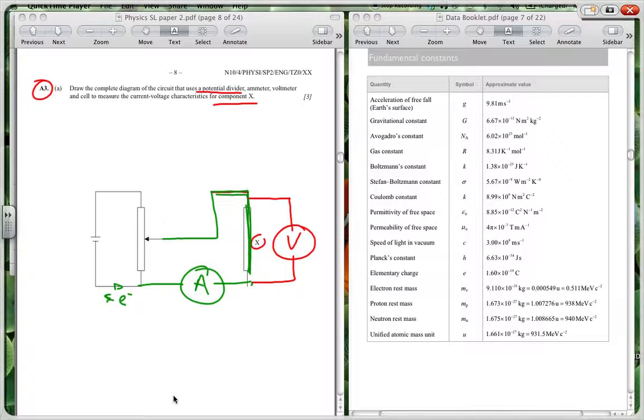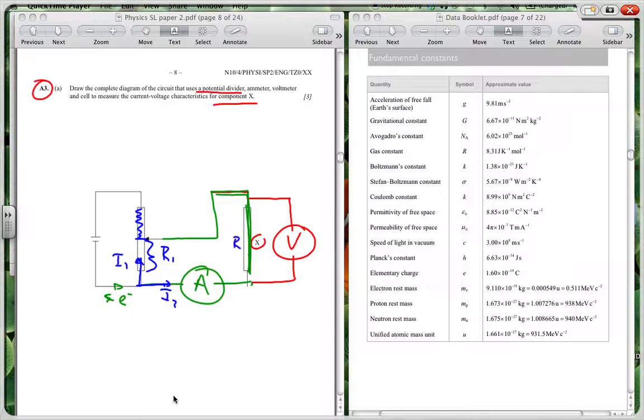Now it can either go there or there. Let's call these currents I1 and I2. Both I1 and I2 will have to go through that part of the resistor, but this part over here, I1 will have to go through. So we'll call that R1.